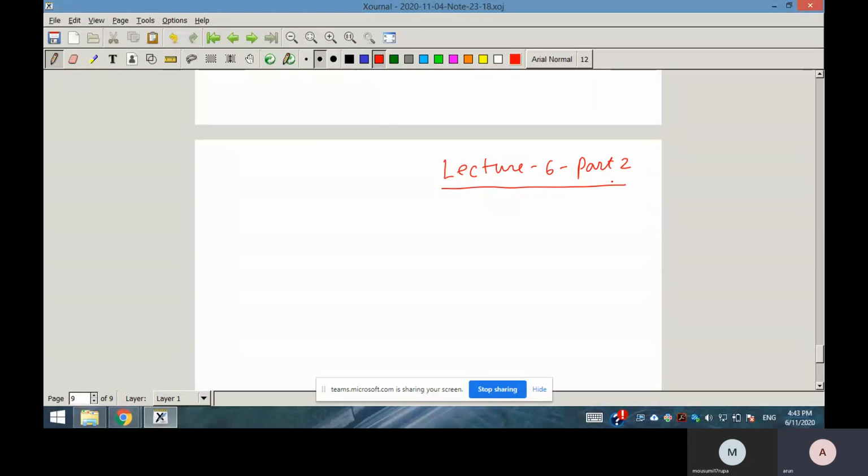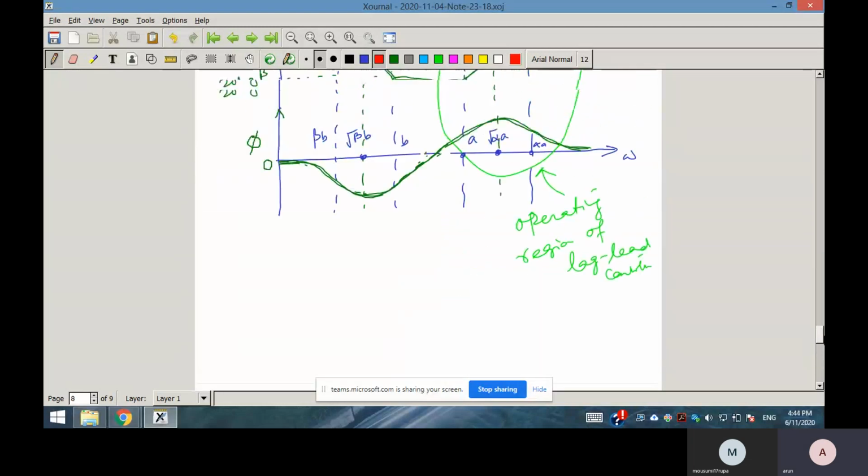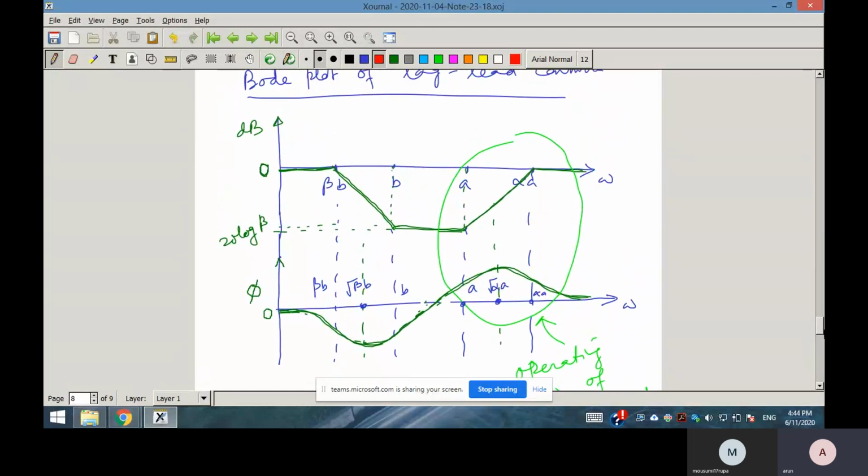So we saw that lag lead controllers are needed when you want attenuation as well as phase lead, that means gain attenuation as well as phase lead.